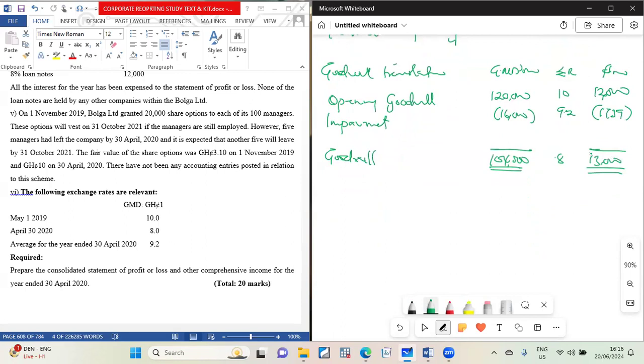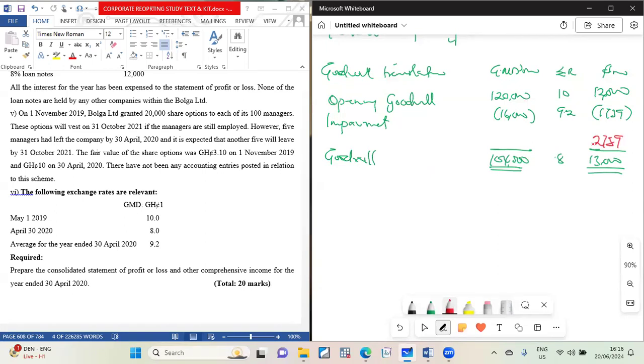If I had 12,000 and I'm taking away 1,739 and the difference goes to 13,000, I have 2,739 to be exchange gain or loss. In this case, is it gain or loss? It's actually a gain, 2,739. All right, so that is what I have.